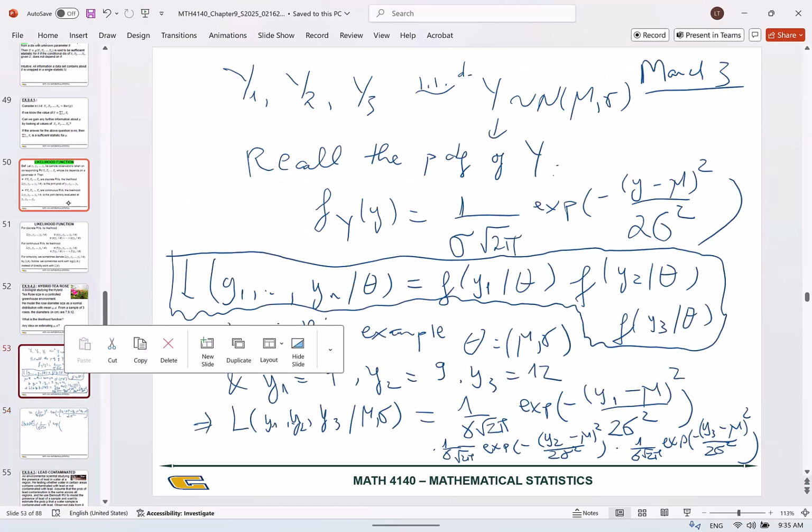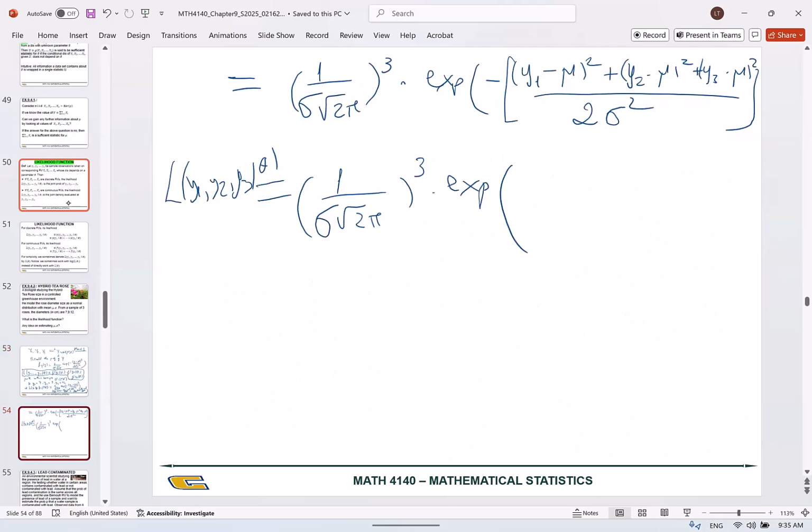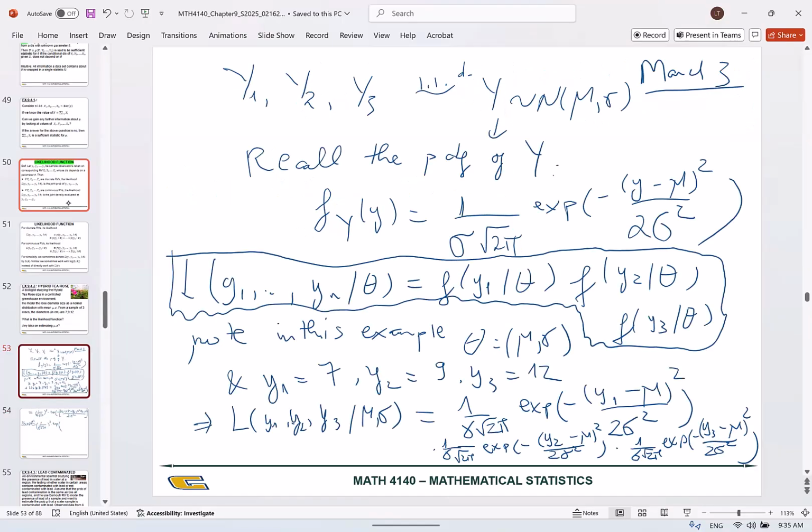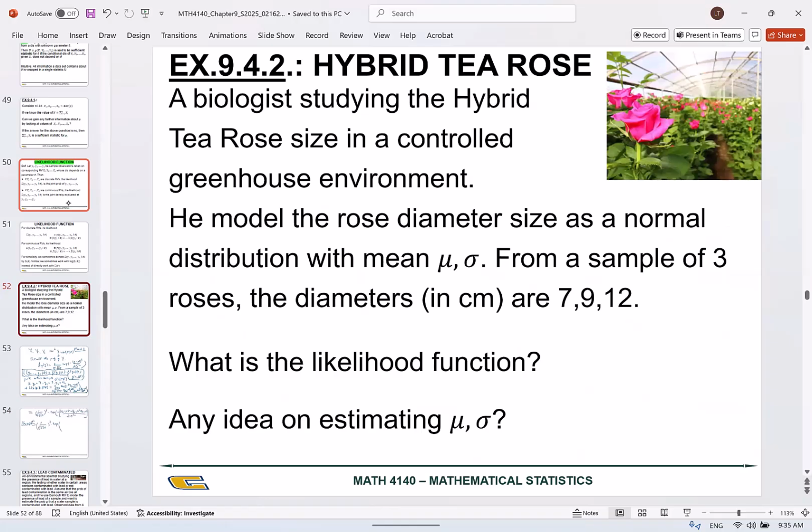Our job is to write out the likelihood function for this example.